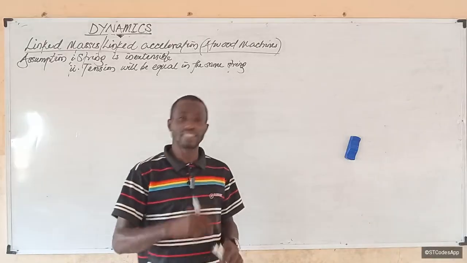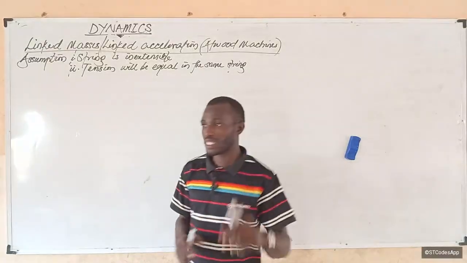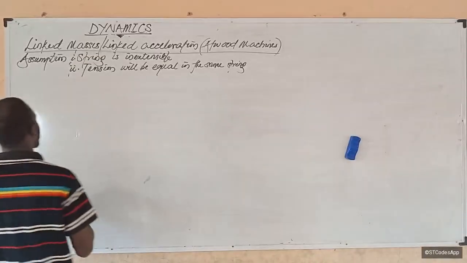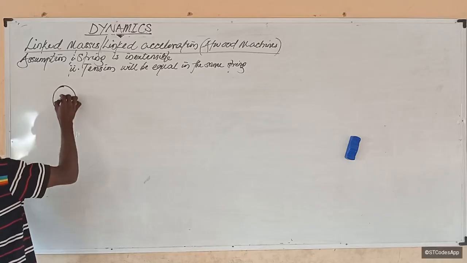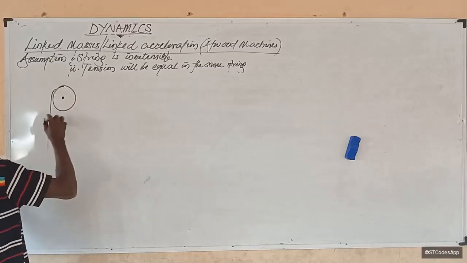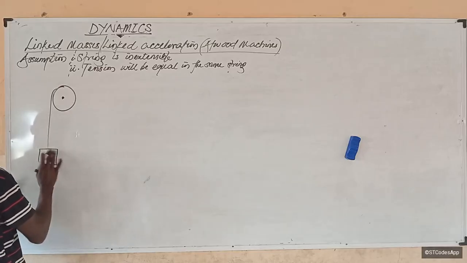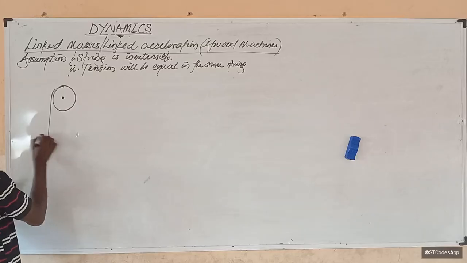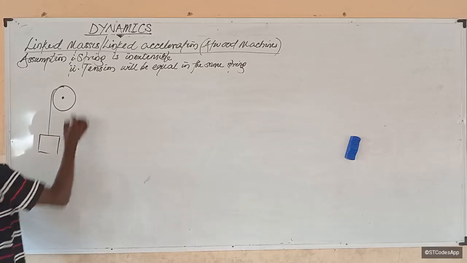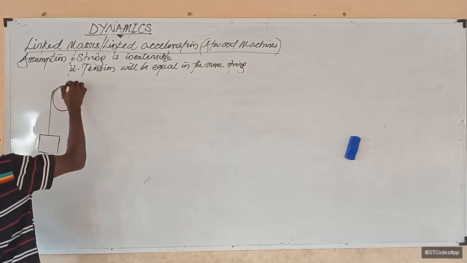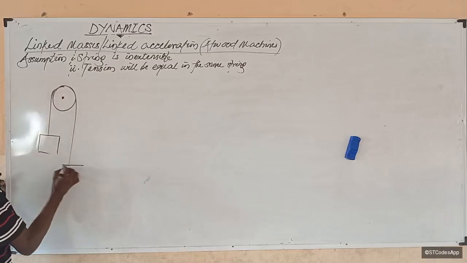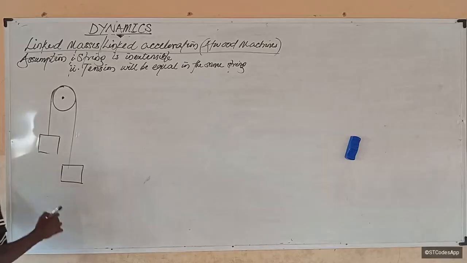So let's consider the simplest condition. The simplest condition is where we have an Atwood machine that looks like this. There is a pulley here and there's a rope that is like this, and the string now comes down here. Now let me show you something.